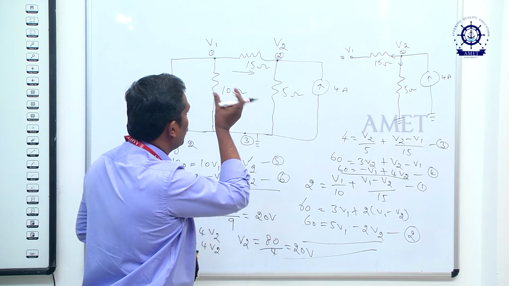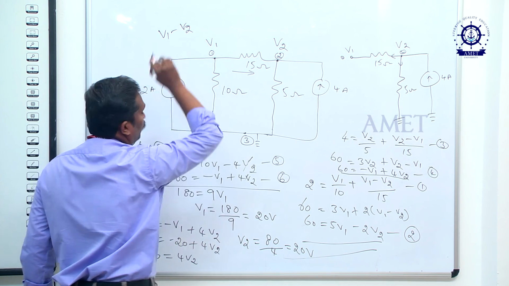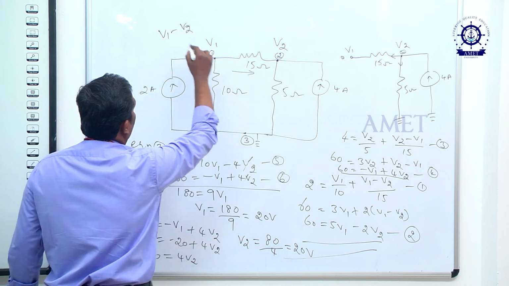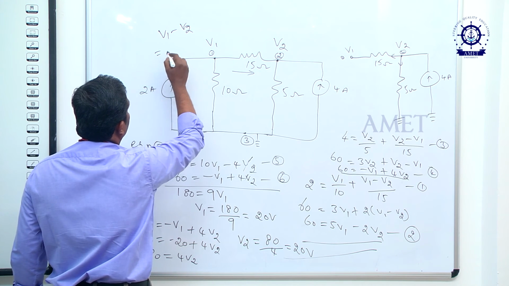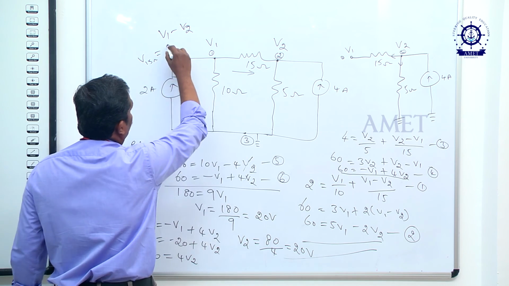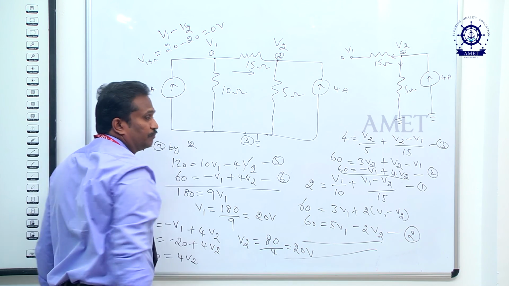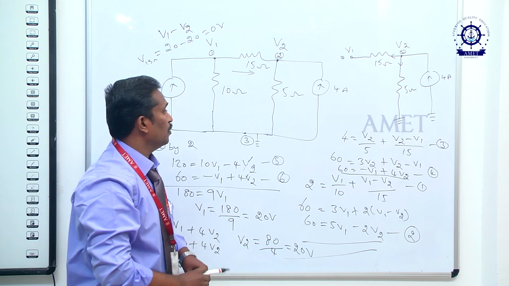The potential across the 15 ohm resistance is V1 minus V2. V1 is 20 volts, V2 is also 20 volts, so 0 volts.